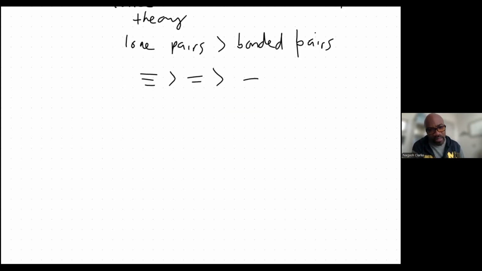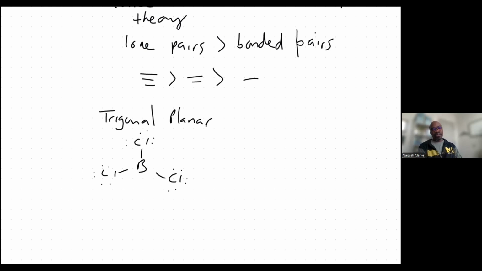All right, so we have our linear. Let's look at the trigonal planar family. There are two we're going to look at. BCl3. Remember, boron is one of those that can have less than 8 electrons and be happy. If you did the formal charge, you'd see boron is actually 0.